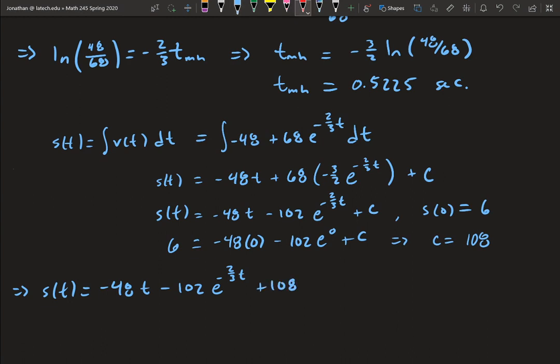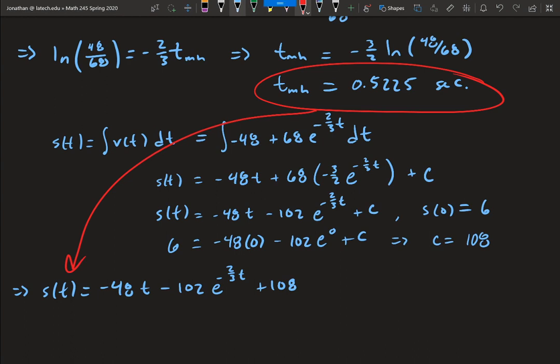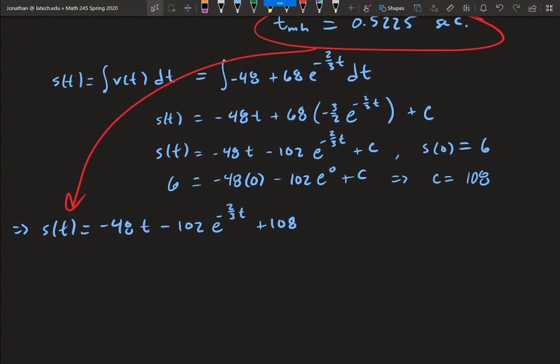So that's our position function, and what we need to do is take the max height time up here, plug it into our position function, and we'll get the max height.